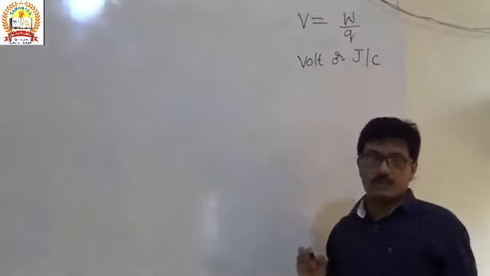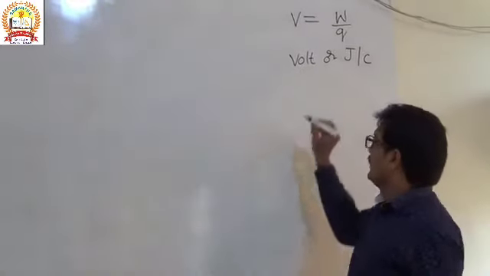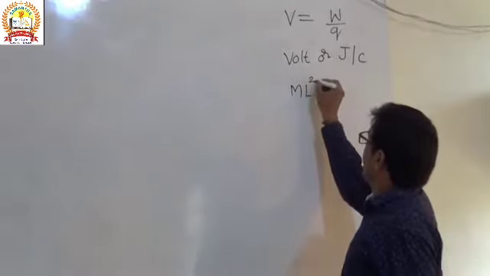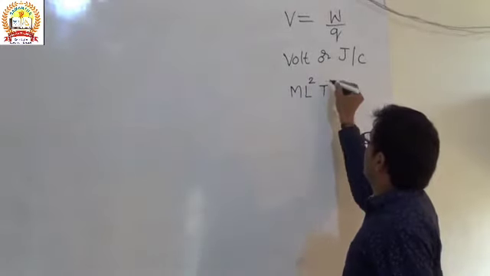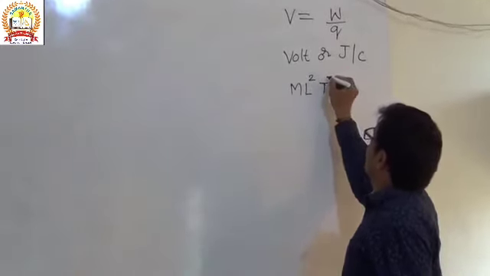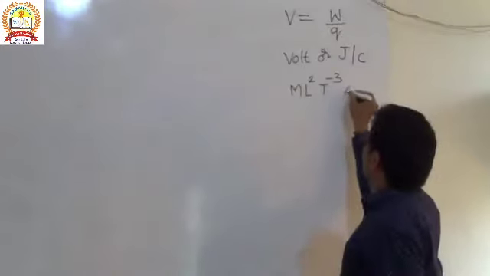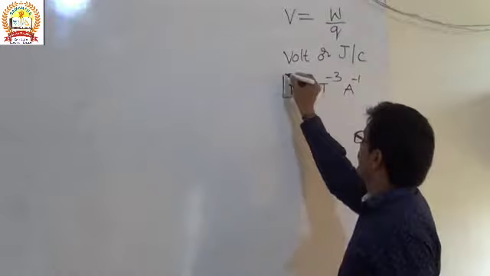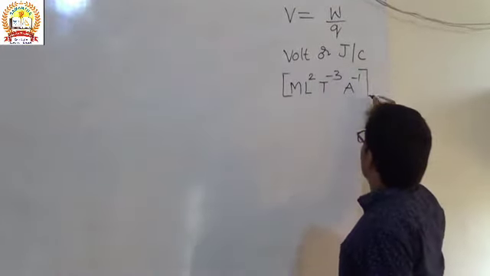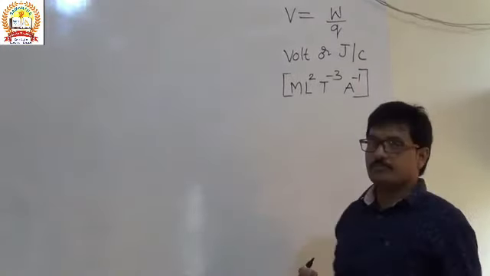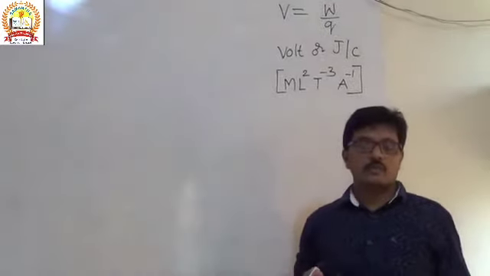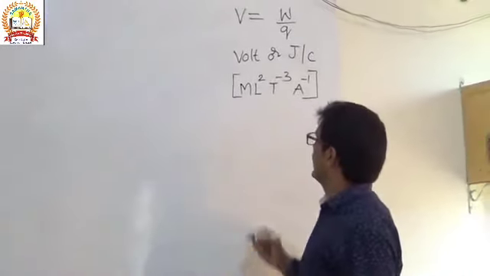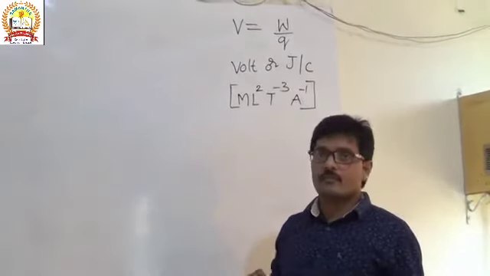The dimensional formula of the potential is M L^2 T^-3 A^-1. It has no direction, only magnitude, so it is a scalar.